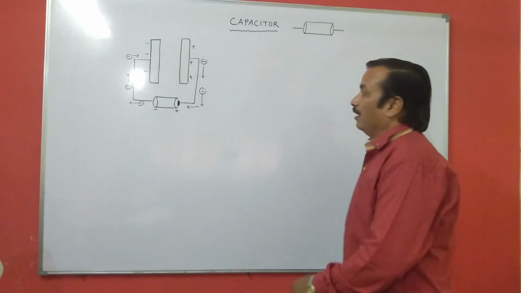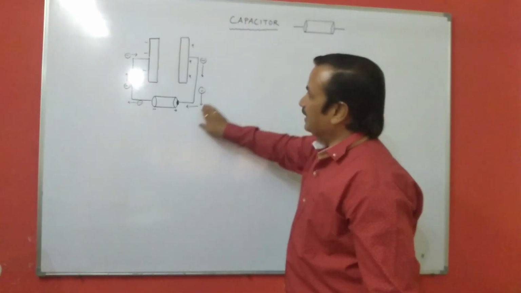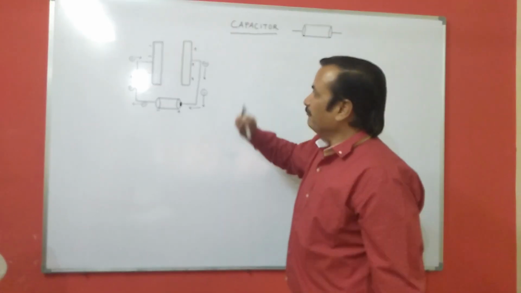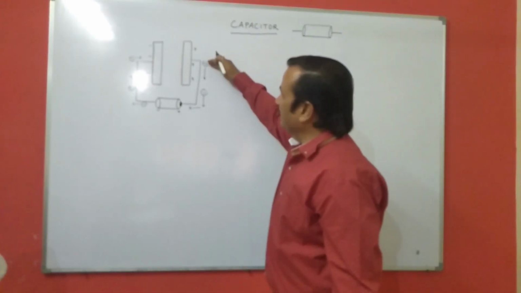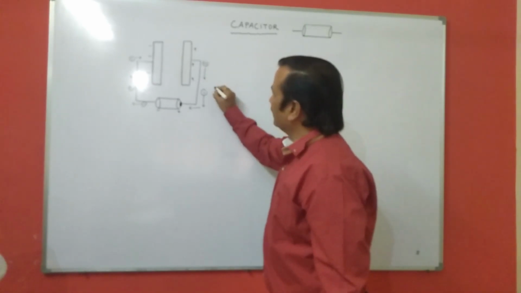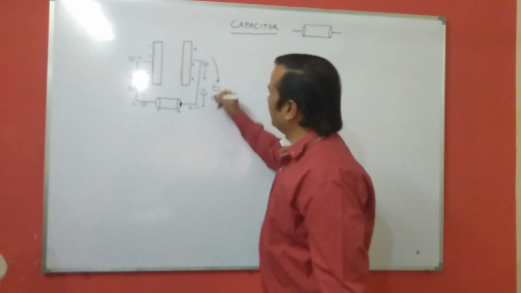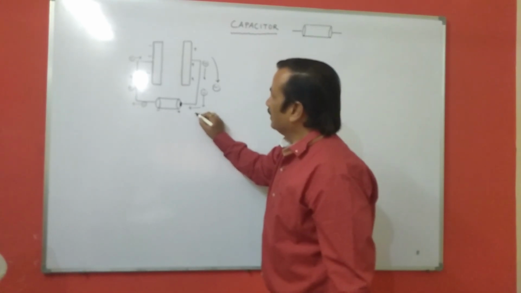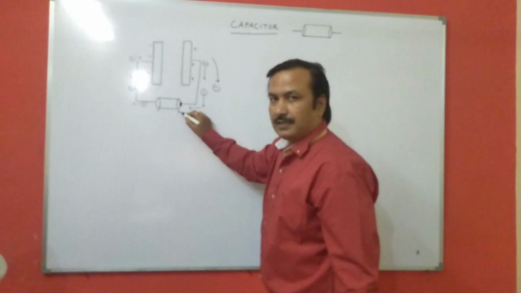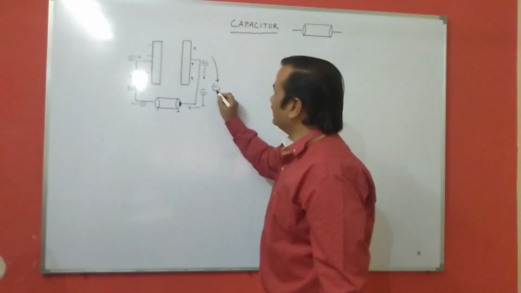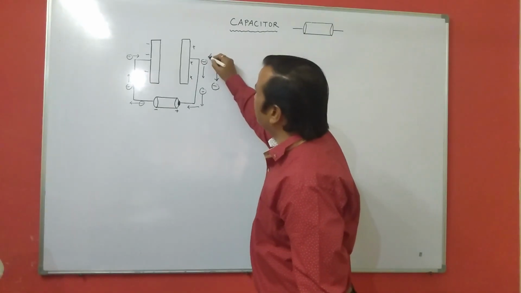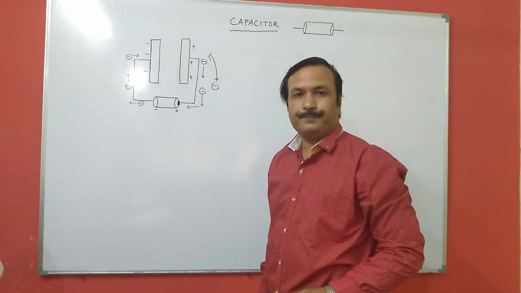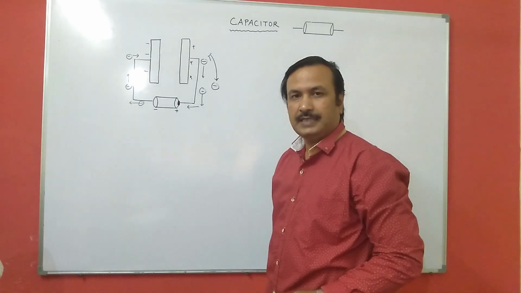So this process continues, until when? The time will come when the negative charge coming out from here will be attracted towards this battery, as well as it will be attracted towards this metal plate also, isn't it?